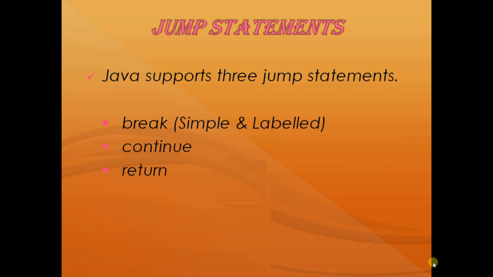So, Java supports three jump statements. They are first break statement, that is simple or label type. Second one is continue statement, and third one is return statement. First, we will discuss about break statement. If we want to go out of a loop, then we use a break statement.